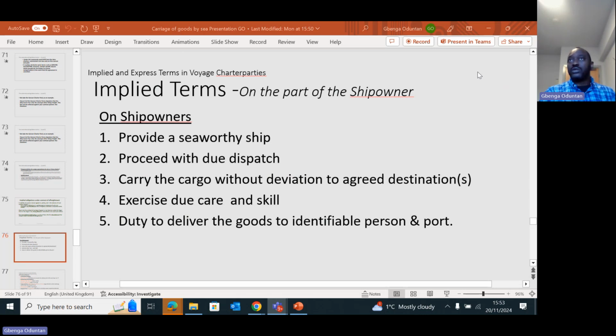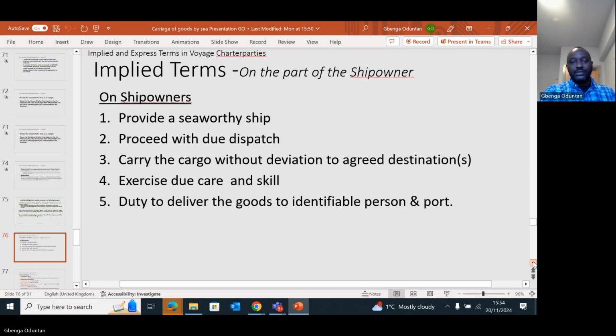Don't carry people's thousands of tons of oil to the wrong city or discharge them into the pipes of the wrong company at a port. These are implied terms under the charter party law and practice.